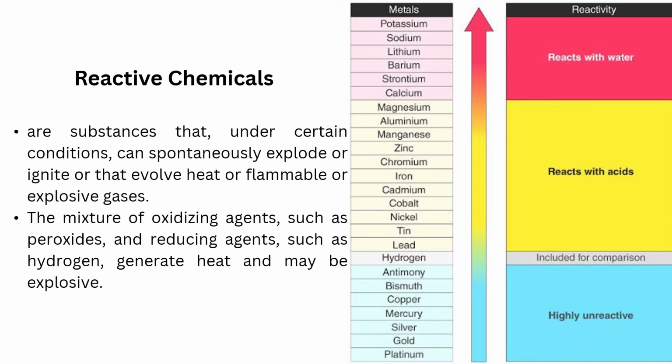Some strong acids or bases react with water to generate heat, so those are exothermic reactions, while hydrogen is liberated if alkali metals such as sodium or potassium are mixed with water or acids, and spontaneous combustion may also occur. The mixture of oxidizing agents such as peroxides and reducing agents such as hydrogen generates heat and may be explosive.